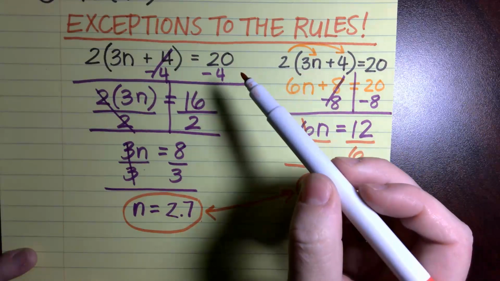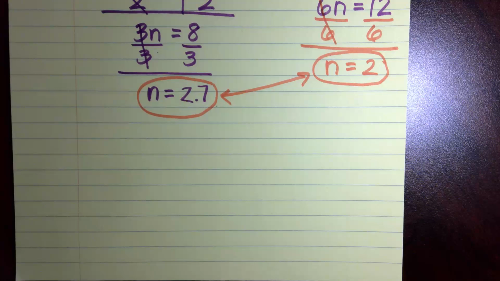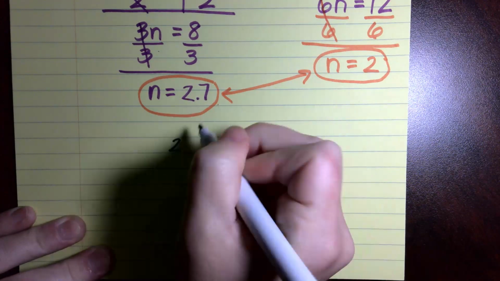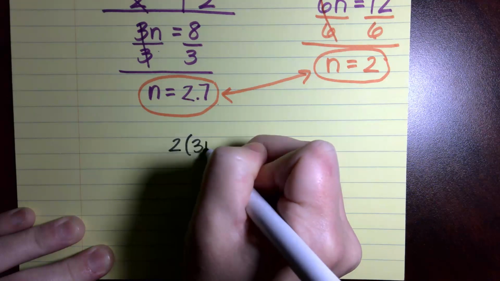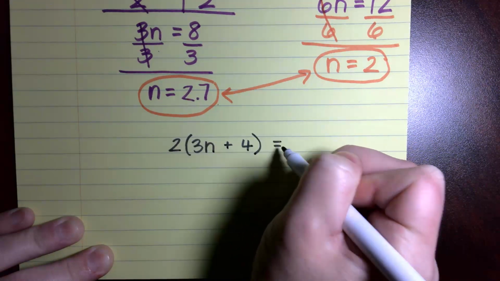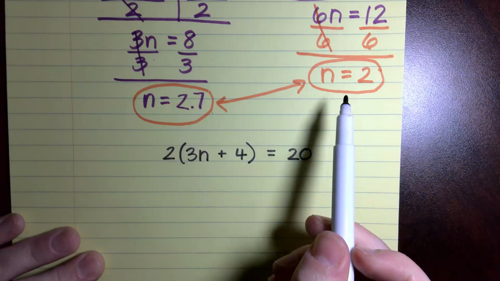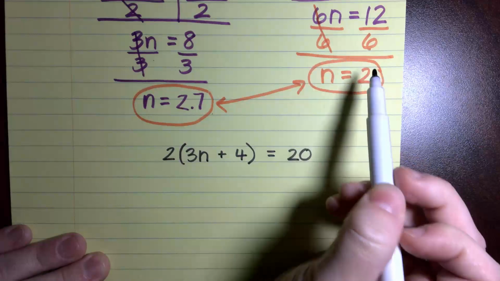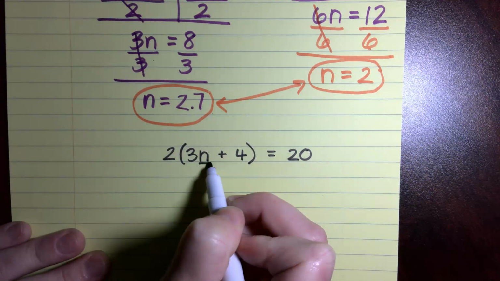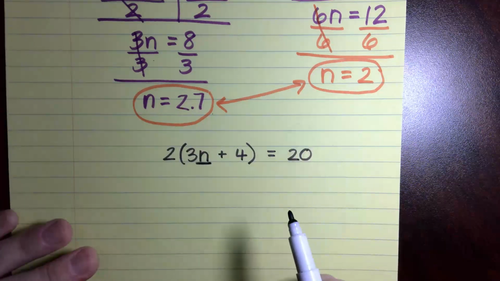So what we're going to do is take that original equation. Let me write it out again down here. The original equation was 2 times 3n plus 4 equals 20. So to figure out which one is right, we're going to take both of these values and plug it in to n in our original equation and see which one is correct.